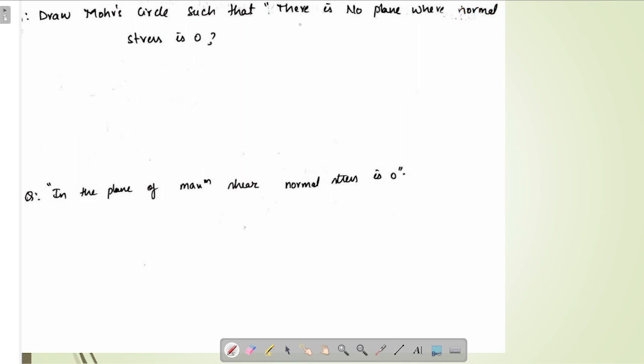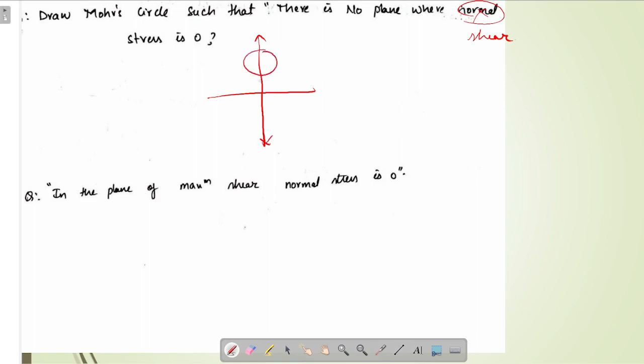Now let's modify this question. Instead of normal stress, if they ask shear stress, what should we do? See, previously as normal stress is in x direction, we have drawn it this way.